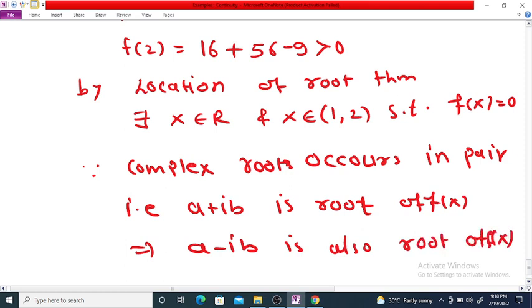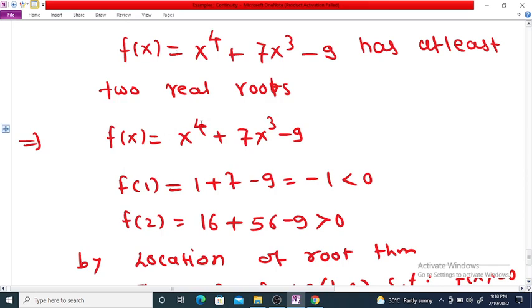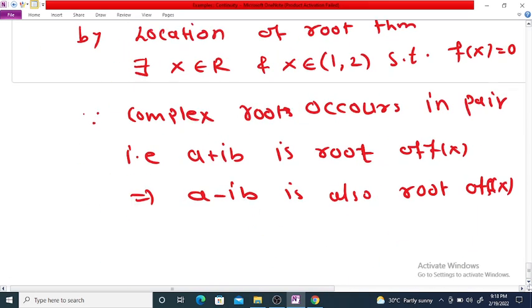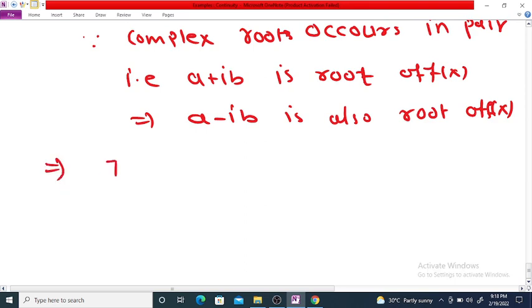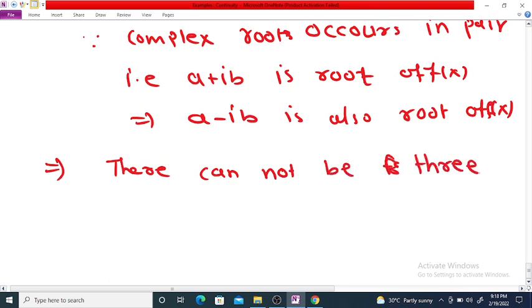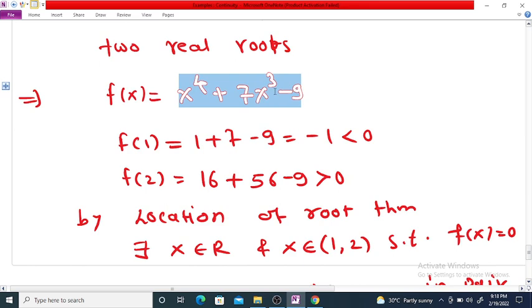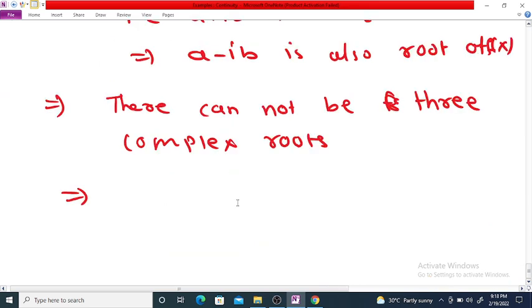So since the degree of the given polynomial is 4, there cannot be 3 complex roots. It is not possible, this condition is not possible here for complex roots. So this implies that the given polynomial has at least 2 real roots. So this implies f(x) has at least 2 real roots.